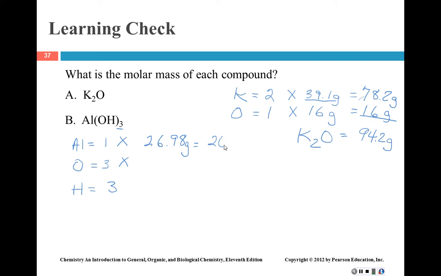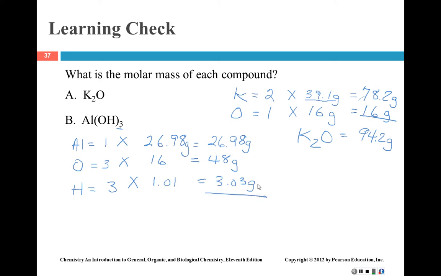So that's 26.98 grams of aluminum. Oxygen is 16, so 3 times that is 48. I'm doing that one in my head, so if I'm wrong, sorry. And then 3 times 1.01 should be 3.03 grams.